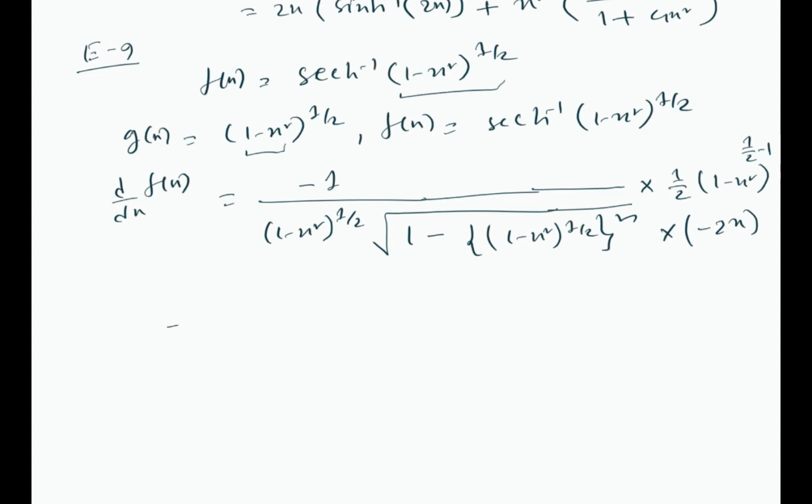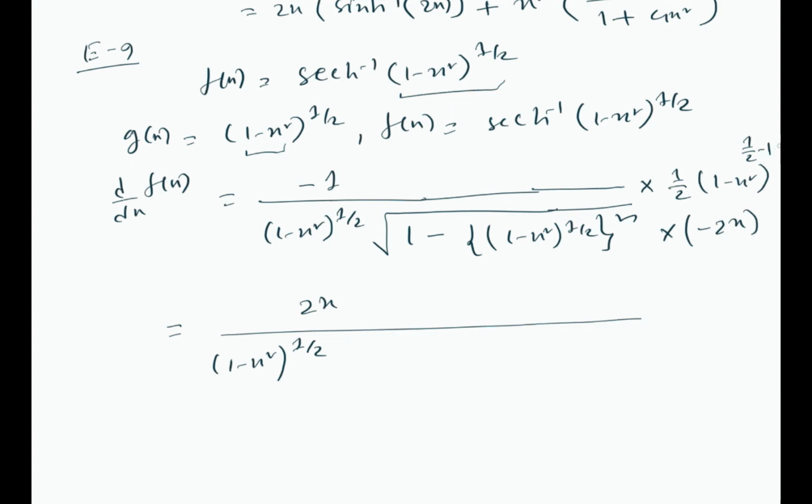So we need to simplify this, right? So we can write it minus 2 and minus 1. This would be plus 2x, plus 2, and then we can write x, right? And in the denominator we have 1 minus x squared half. Okay, so here see one thing, half minus 1, so actually it would be negative half.